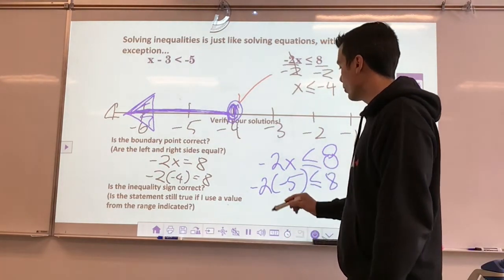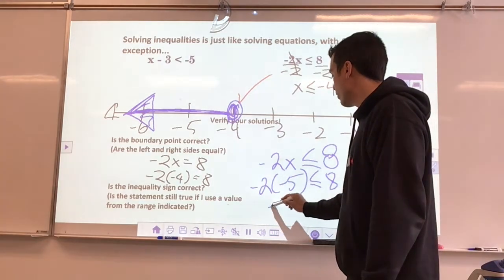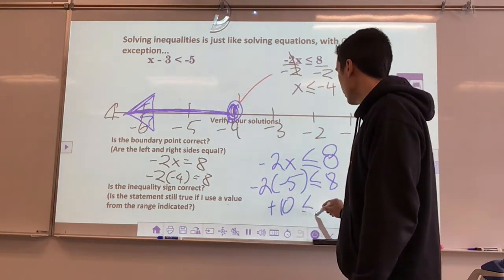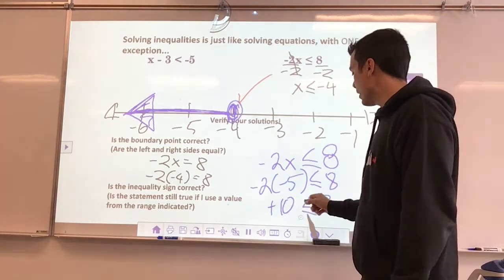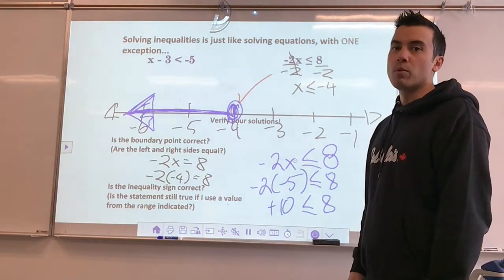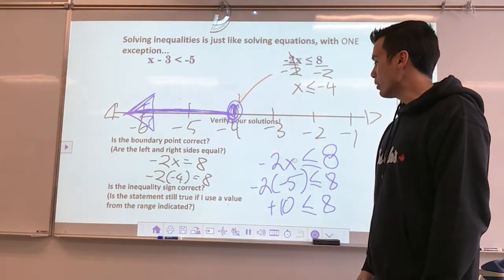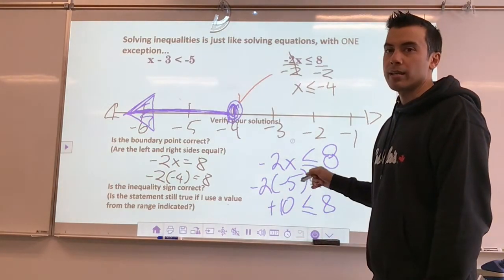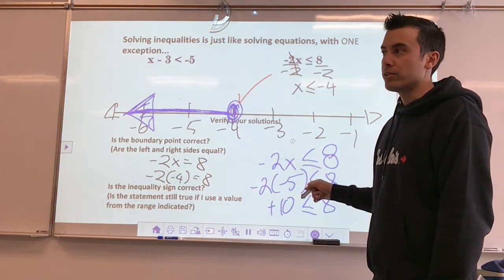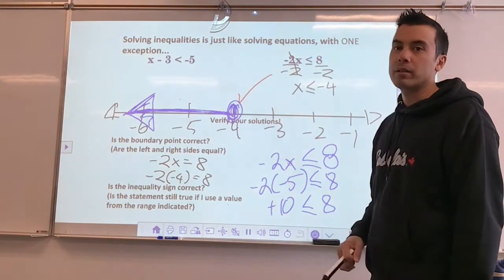I'm going to check if it's true. Negative times the negative is a positive. 2 times 5 is 10. Is 10 less than or equal to 8? No, it's more. So I noticed that something has gone wrong here. Some type of mistake has happened.